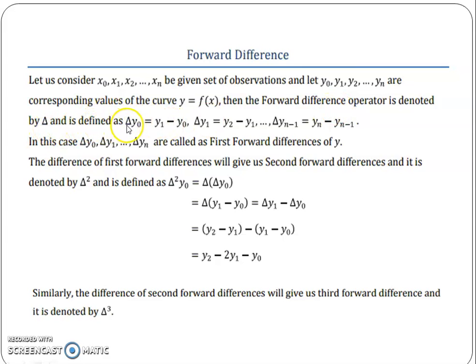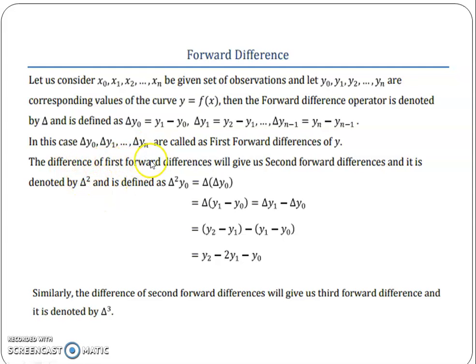del, and it is defined like this: difference between second and first data, del y0 equal to y1 minus y0. Del y1 is third data minus second data, likewise. So in this case, del y0, del y1 up to del yn are called the first forward differences of y.